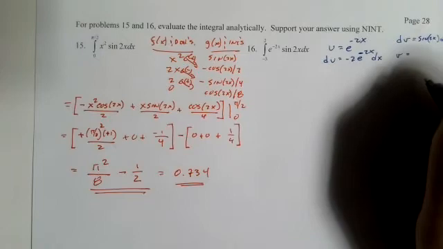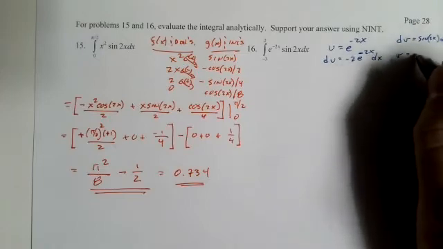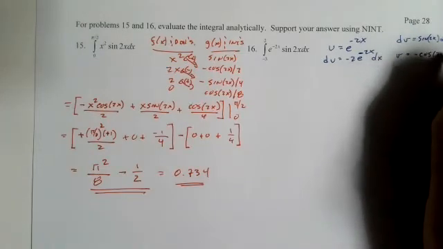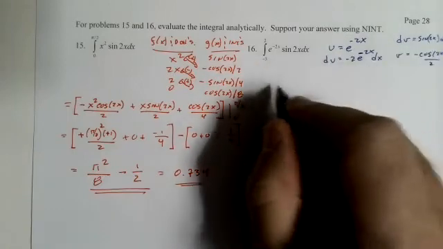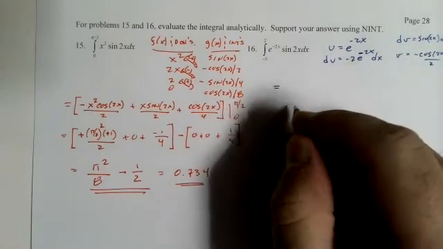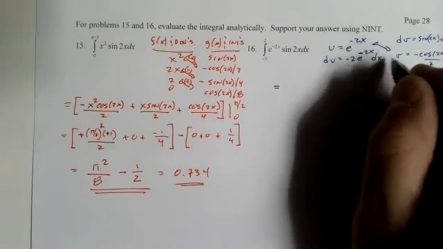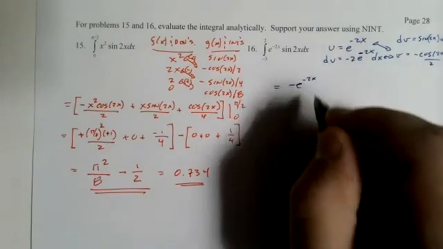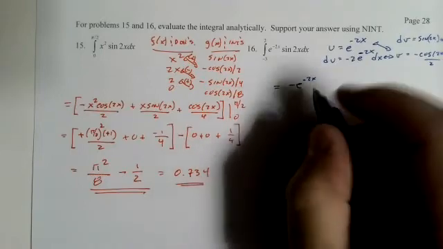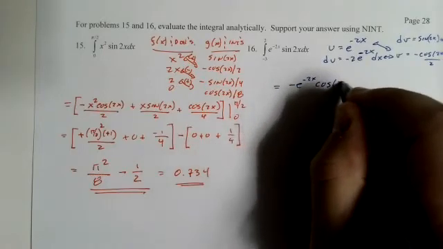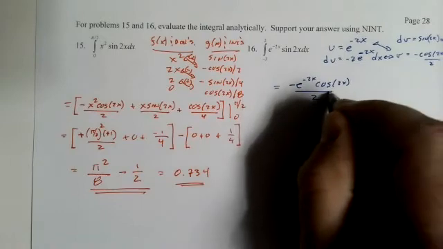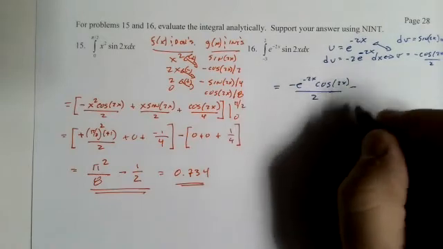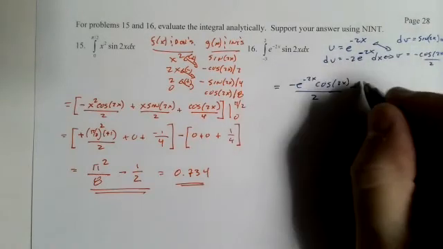v equals negative cosine of 2x over 2. Equals negative e to the -2x cosine of 2x over 2 minus negative, bad.